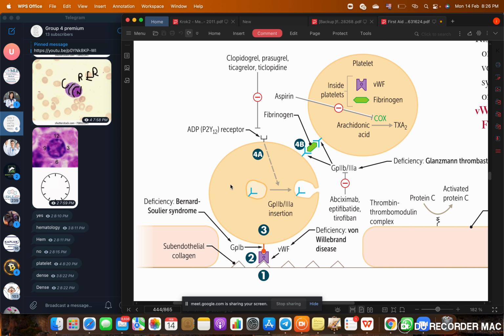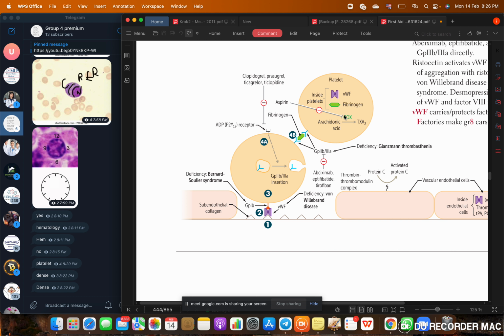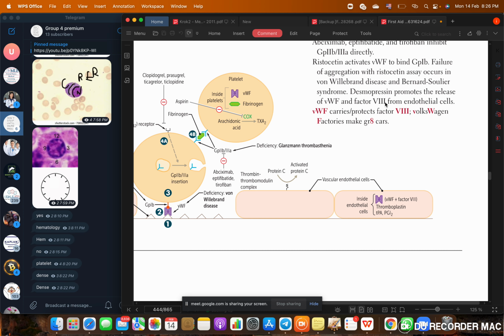Calcium and ADP will help, especially ADP, to activate the ADP receptor, which is going to lead to GP2B3A insertion into the platelet surface. And that, with the help of fibrinogen, is going to cross-link platelets, which leads to the process of aggregation, with the help of pro-aggregant particles such as thromboxane A2 and fibrinogen.